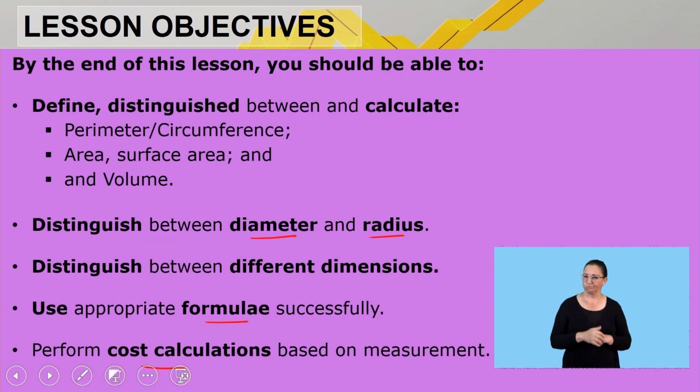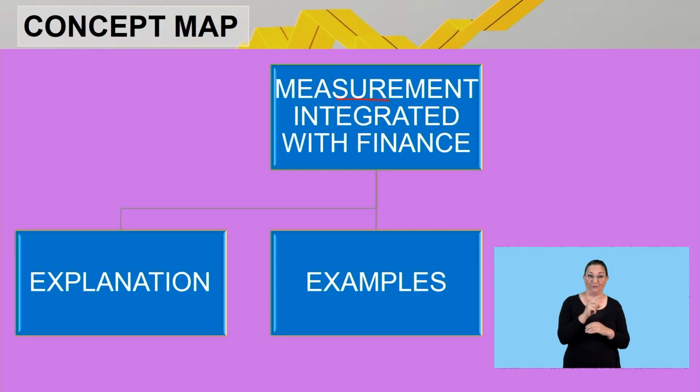Now let's look at other important information for today's lesson. As I've already indicated, the focus of our lesson is measurement integrated with finance. So we'll start off by looking at some explanation and then we'll be doing some examples. Now let's look at important wording, definition, language that will help us in today's lesson.